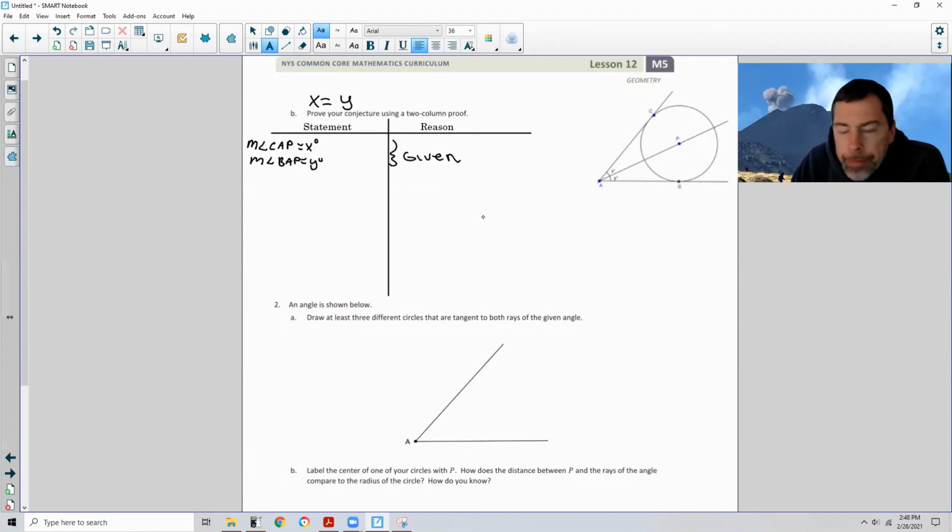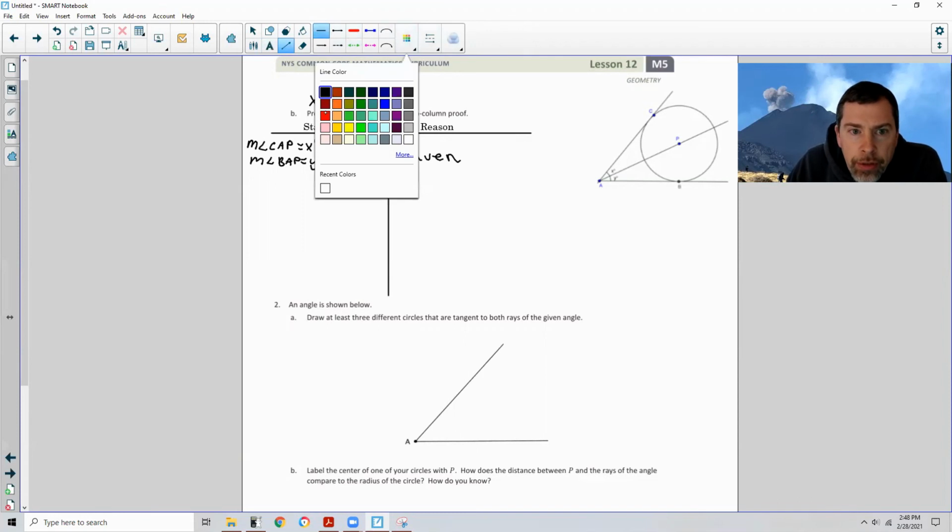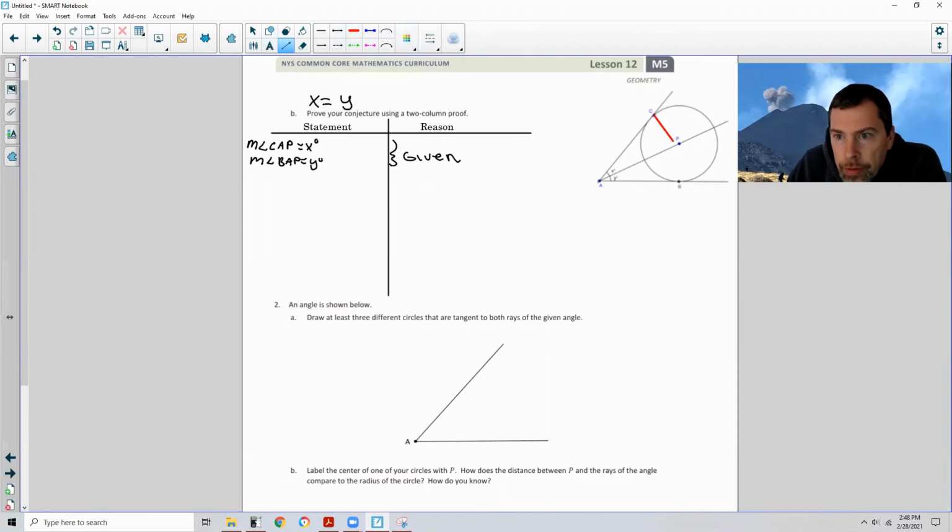Okay, and those are both going to be given. Then we're going to say that if we have a line segment, I'll do it in red, these two line segments, therefore. So then I would say segment CP, or PC, doesn't matter, is perpendicular to AC.